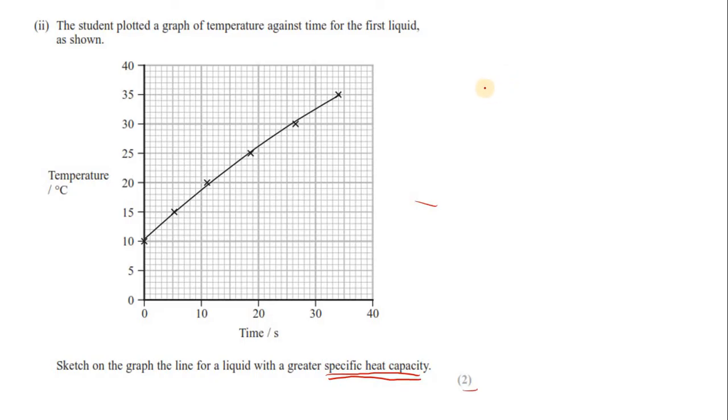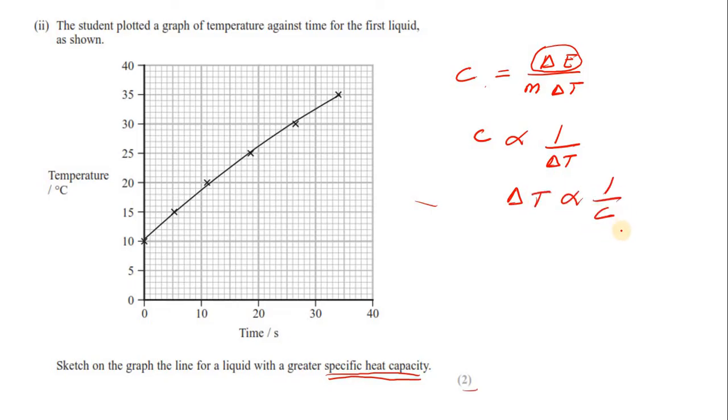Again, the same relation, if you see, C is equal to delta E upon m delta T. The amount of heat given for both liquids, the opening valve is at the same rate, and the mass m is the same. So specific heat capacity is inversely proportional to the change in temperature, delta T. So of course, the change in temperature will be smaller if the specific heat capacity is larger.